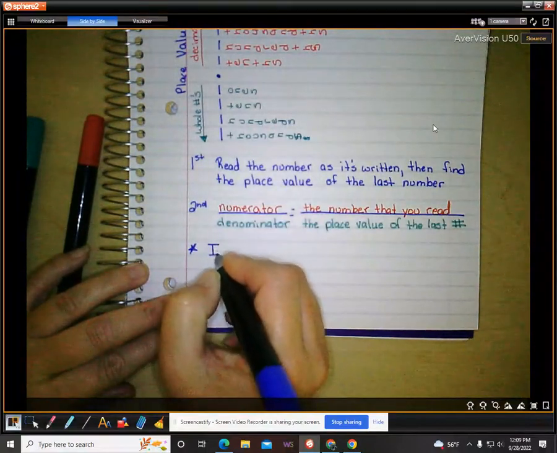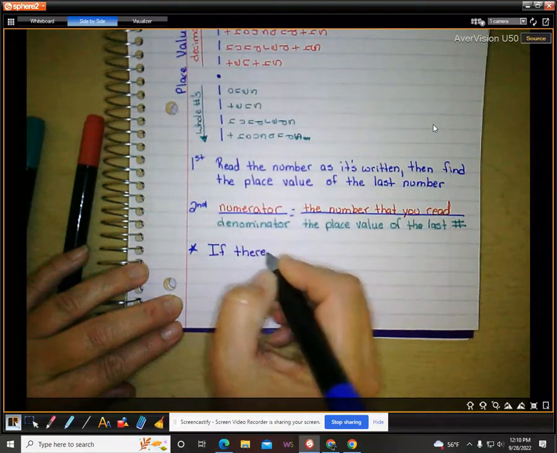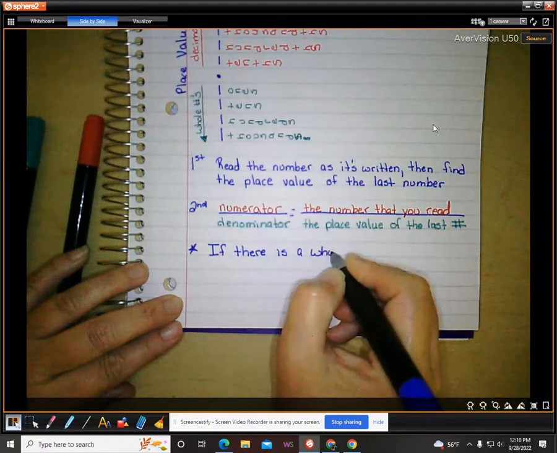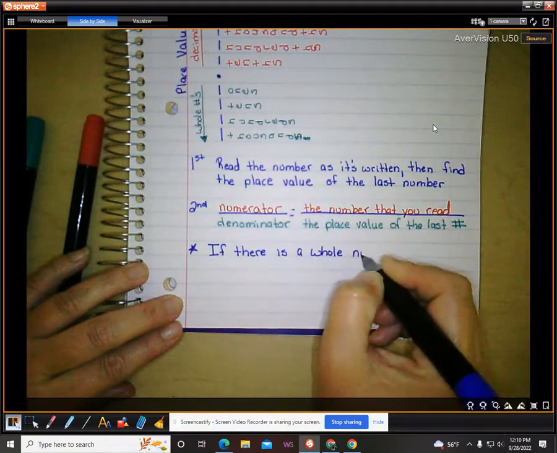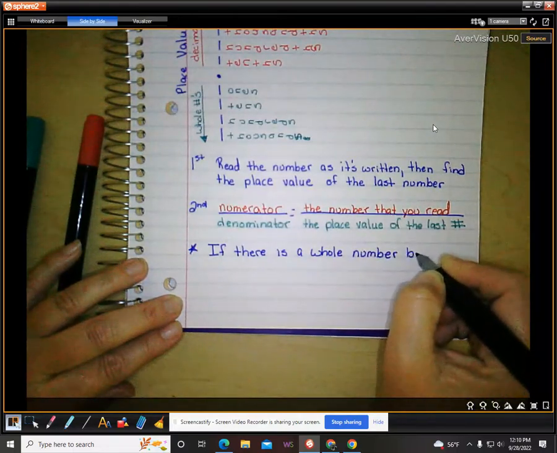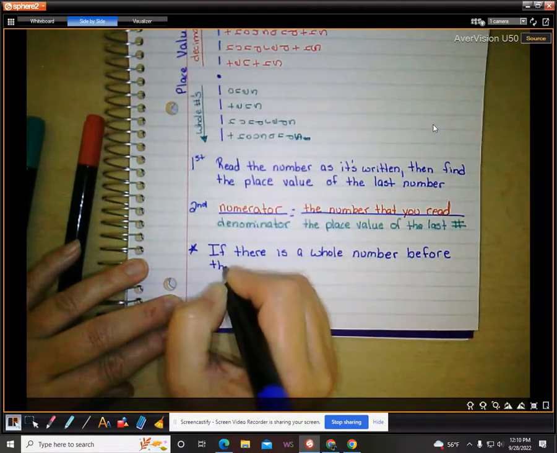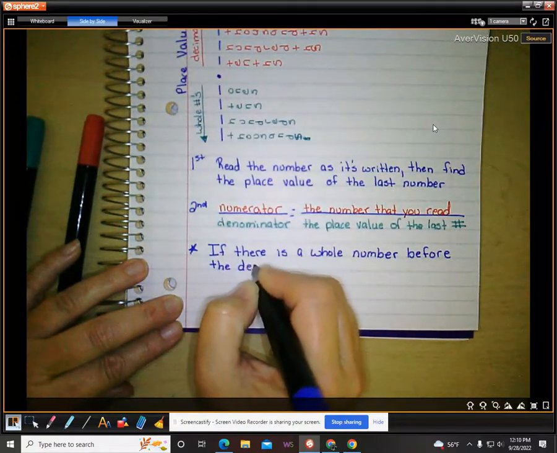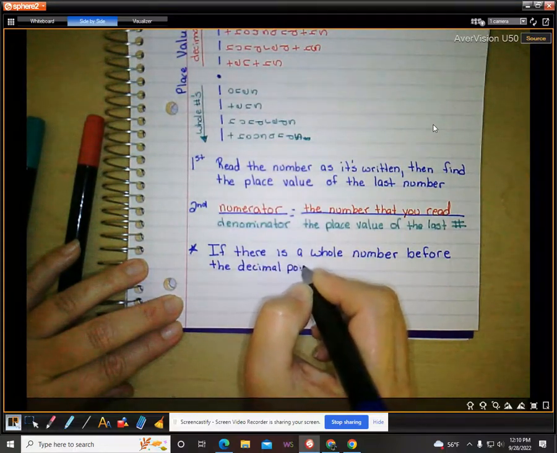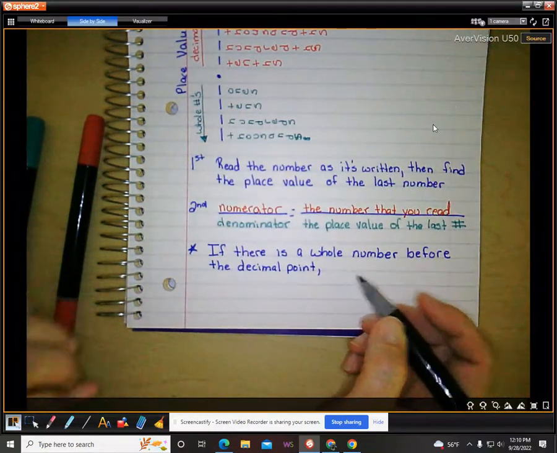So in your decimal, if there is a whole number before the decimal point, that is your whole number of your fraction.